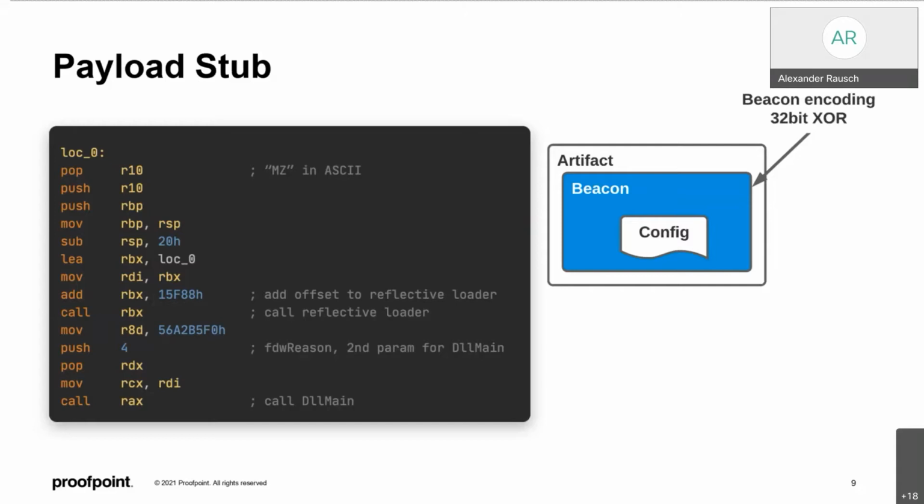This is a relatively uncommon value for that argument. Usual values are 1 for DLL_PROCESS_ATTACH or 2 for DLL_THREAD_ATTACH, etc. 4 is the badly documented verifier load argument that you rarely see in normal code. The second call into DllMain then starts execution of the actual beacon payload.